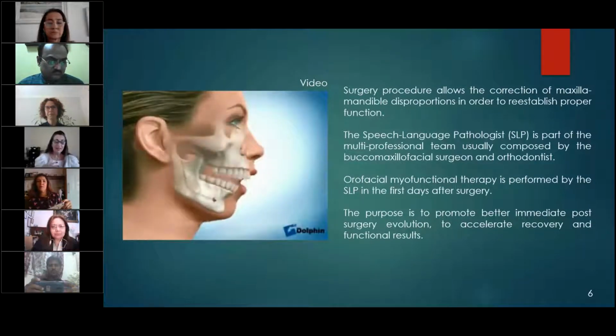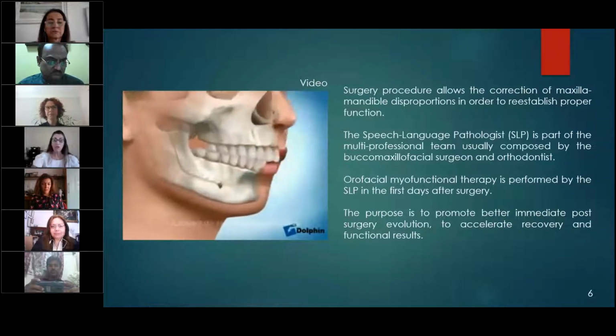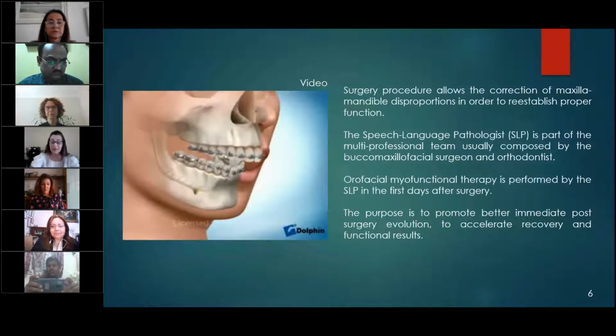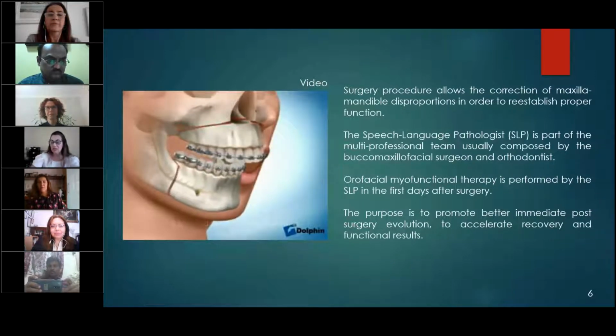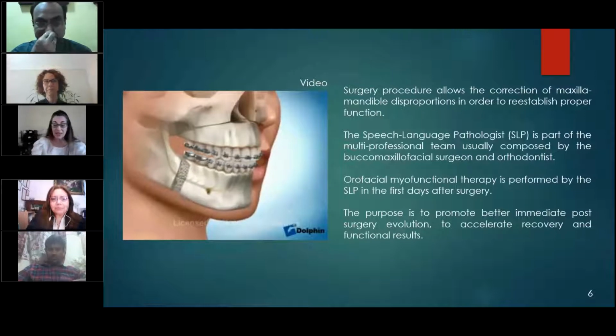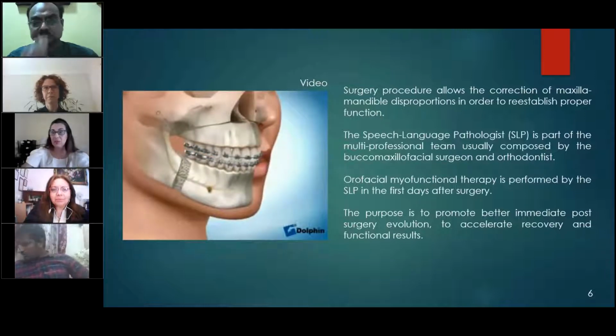In my practice, I adopted pre-surgery evaluation in order to project the functional aspects of muscles, speech, breathing, chewing, and swallowing. I have continuous contact with the surgical teams, and therefore, I already know their way of functioning. Each team has a way of working, and I adapted to it.